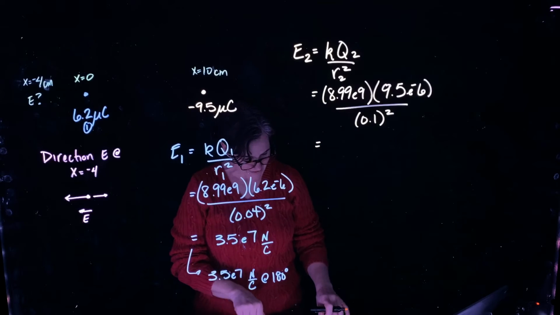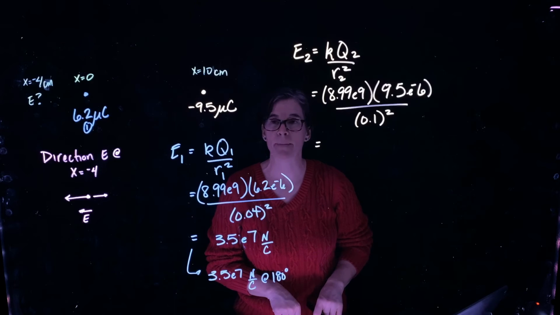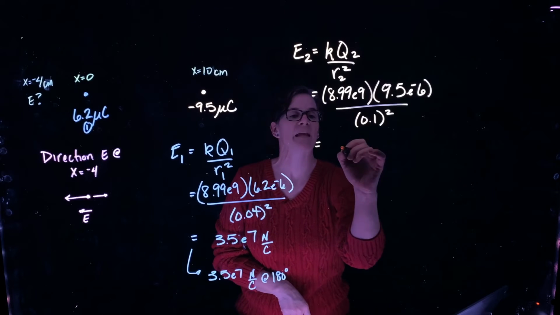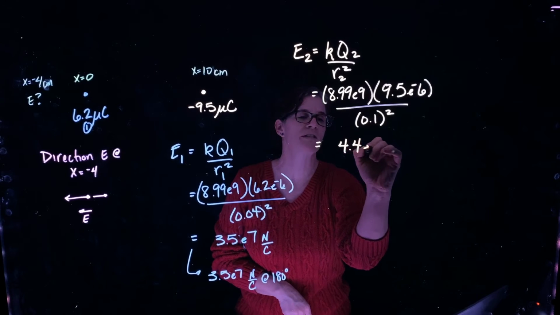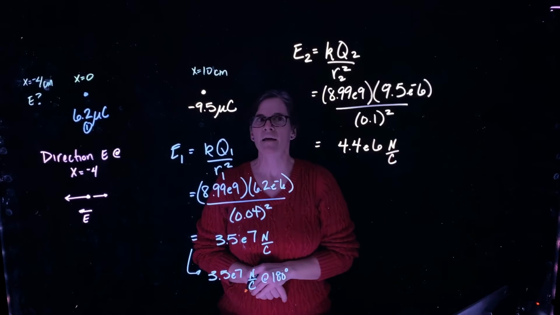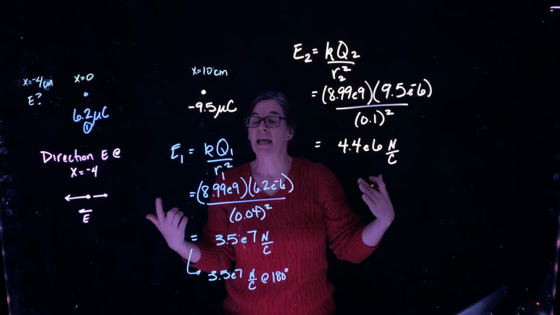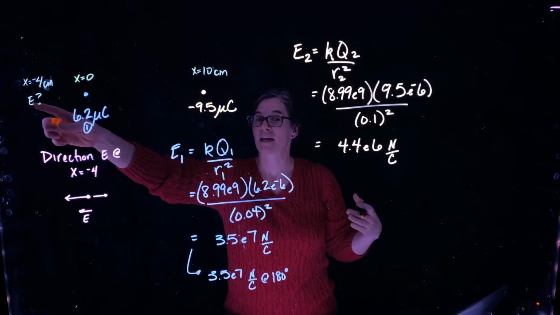So the magnitude of the electric field from charge 2 is 4.4 times 10 to the 6th newtons per coulomb.